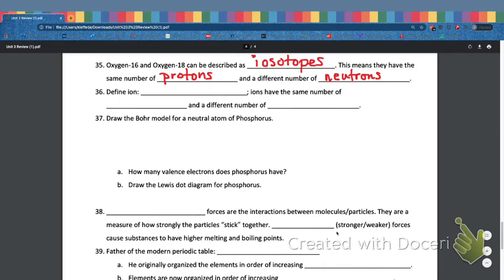An ion is a charged particle. An ion of an element has the same number of protons, but a different number of electrons. Okay? So to form an isotope, what's changing are the neutrons. To form an ion, what's changing are the electrons.